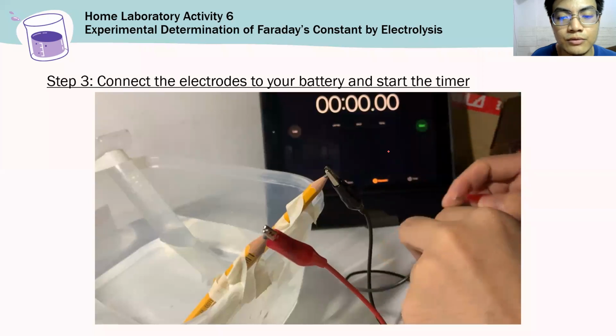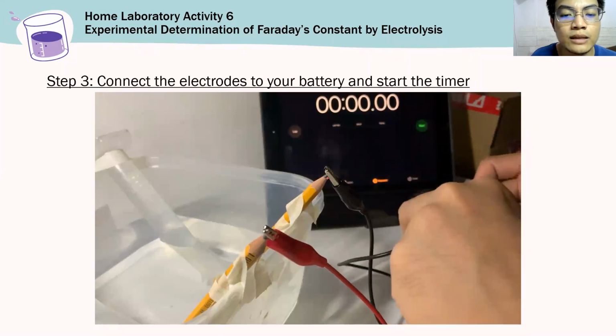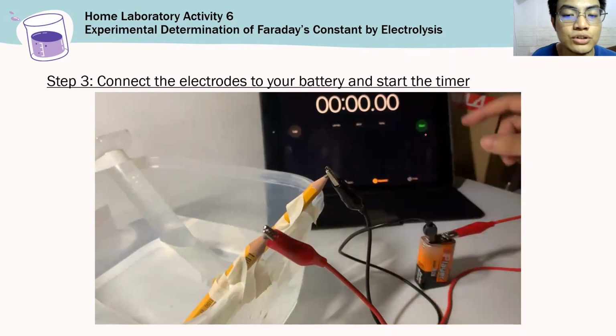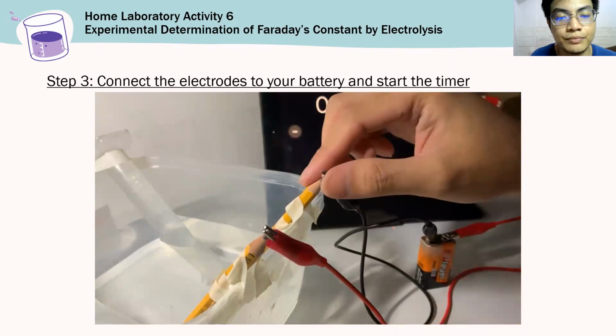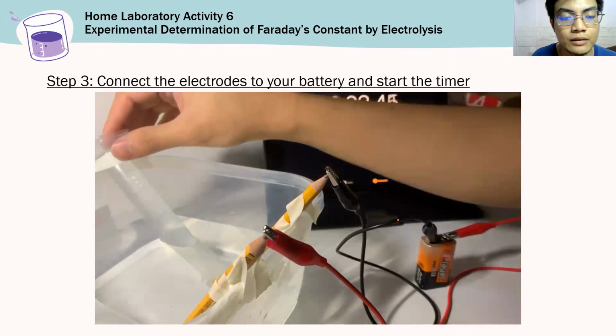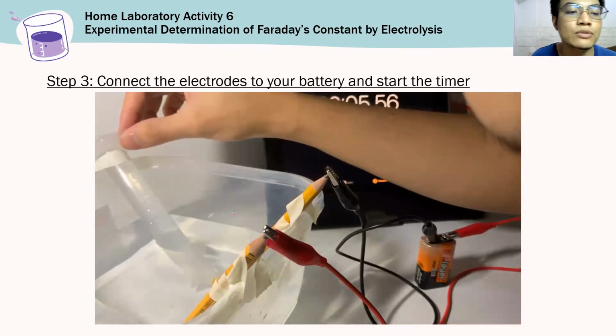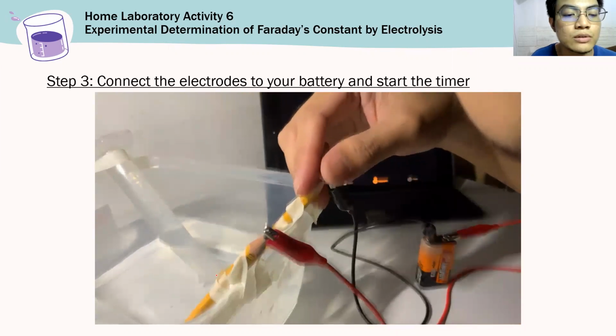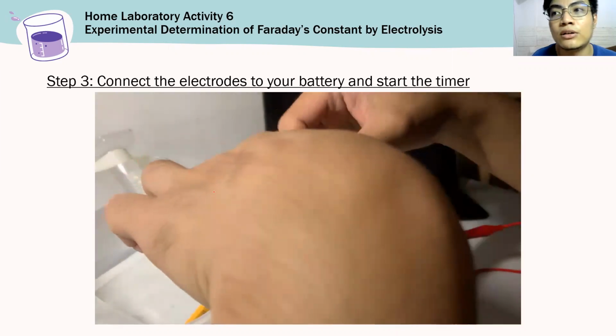Once you connect these electrodes to your battery, make sure to start your timer. Again, you have to double check if the position of your electrodes and graduated cylinder are perfect.